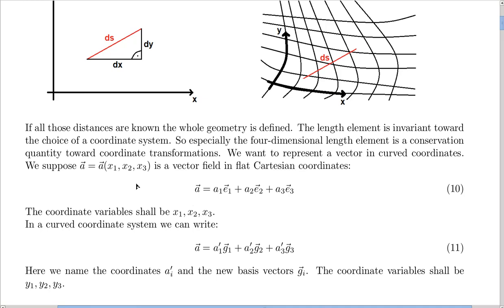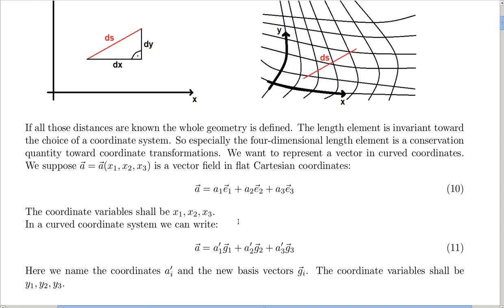And now we consider a vector or vector space in flat space and in a curved space. We suppose a vector A. In the Cartesian coordinates, the three axes shall be x1, x2, x3. And we have a vector A at each point in the space. So we can write it with the three components, A1, A2, A3.